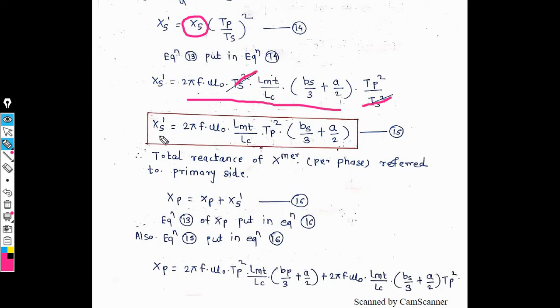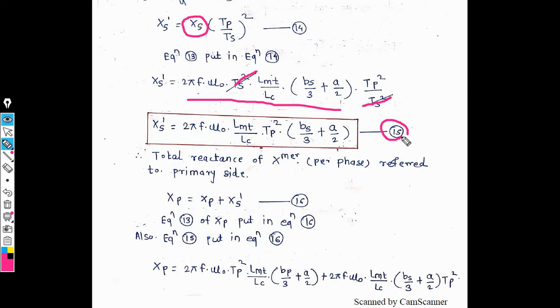Then Xs dash is equal to 2 pi f into mu 0 into length of mean turn upon Lc into Tp square into Bs upon 3 plus A by 2, equation number 15. This is the leakage reactance of the secondary winding referred to the primary winding, Xs dash is equal to Xs into Tp square upon Ts square, in which we have to put the value of X.